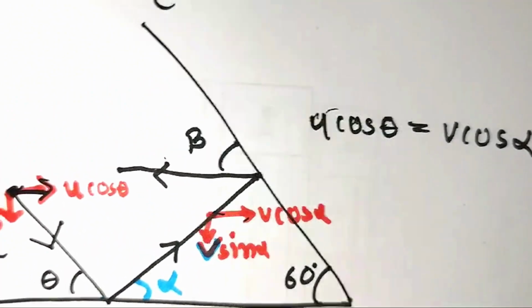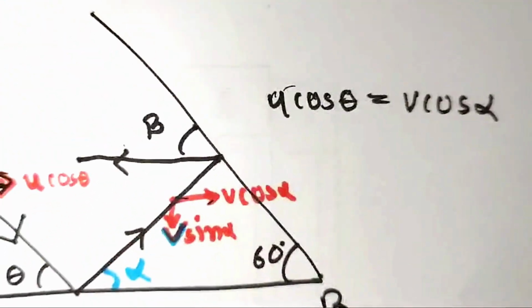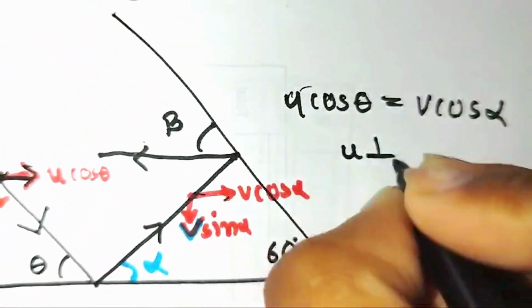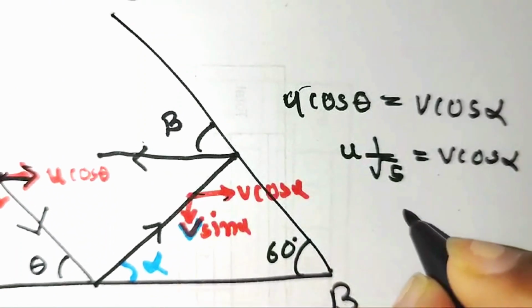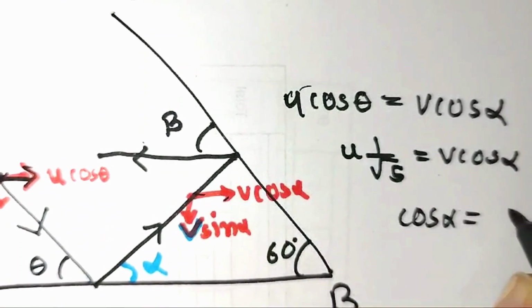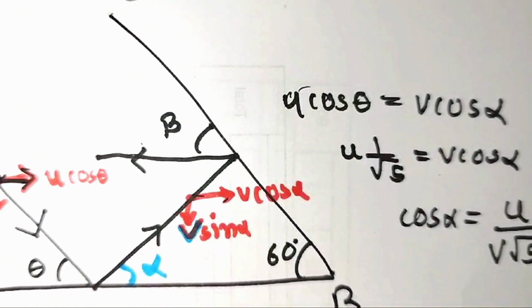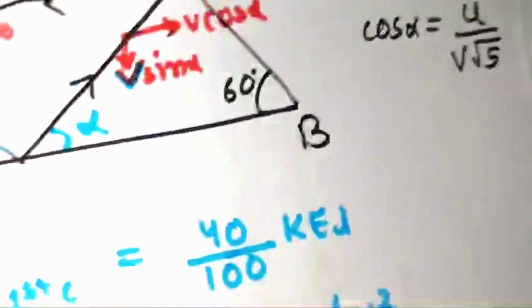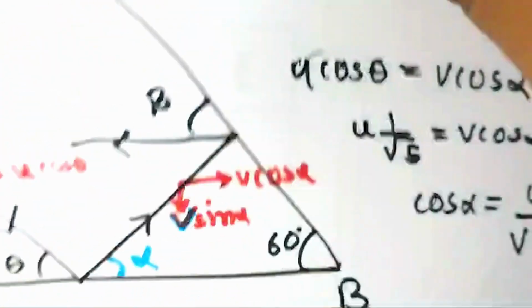And a while ago I found the value of cos theta, that is 1 by root 5. So u times 1 by root 5 is equal to v cos alpha. So cos alpha is u over v root 5. And if that is cos alpha and I am trying to find sine alpha from here, we can find it, right?